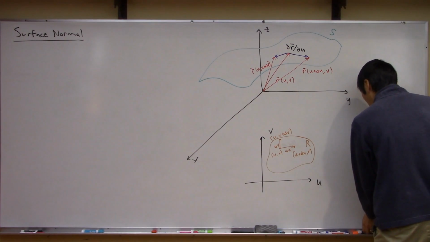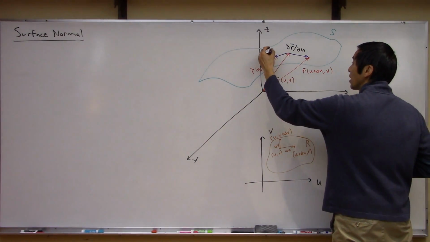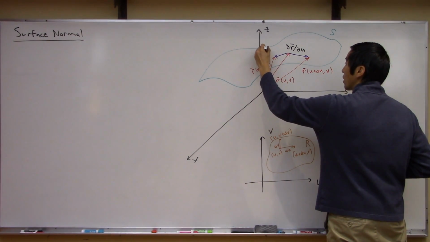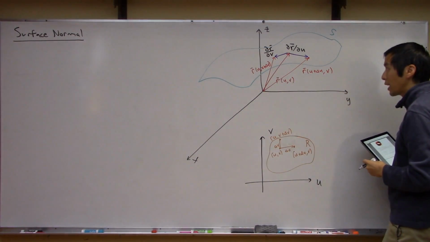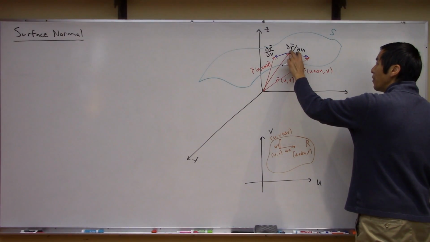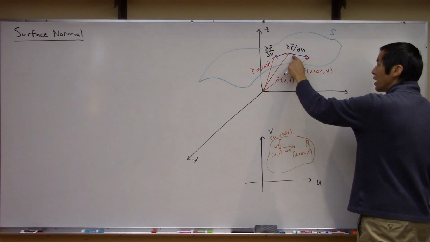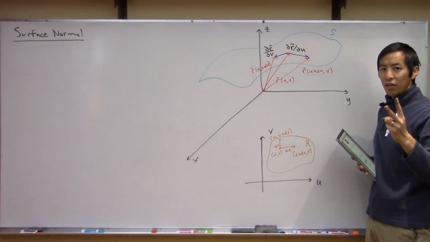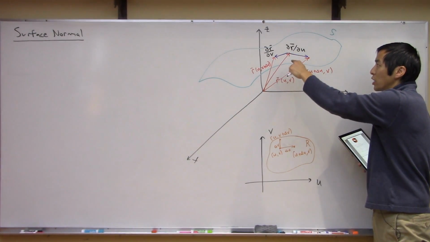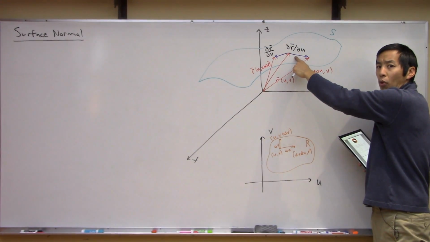By the same analysis, this direction is the same as the partial of r with respect to v. In other words, the derivatives of your parameterization give you two tangent directions to the surface at any given point.